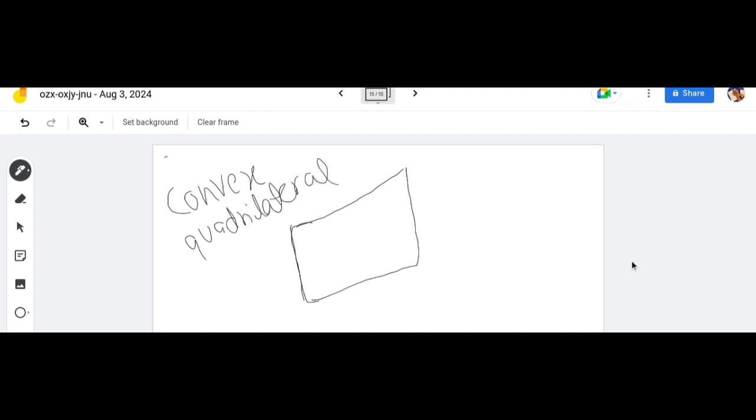This is the answer of question number 3. This is a convex quadrilateral. If I split this convex quadrilateral, then this angle sum is 180, this one is 180, and the sum of 180 and 180 is 360. So this property holds for the convex quadrilateral. First I write and complete, then you write after this.